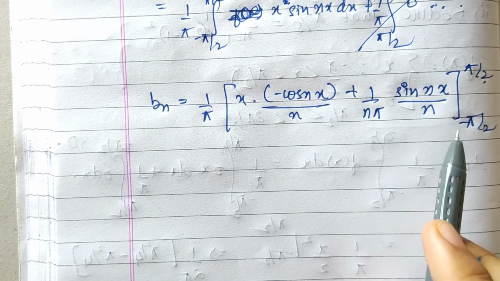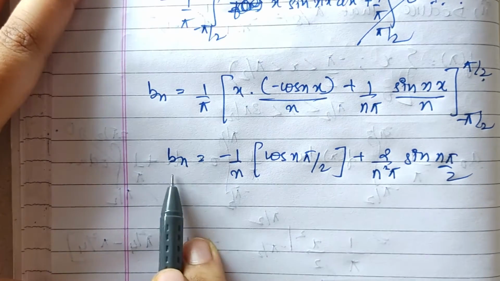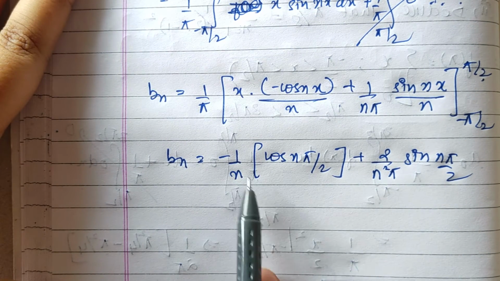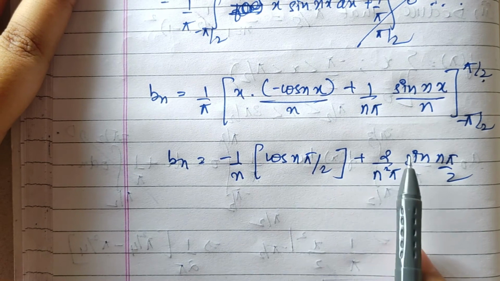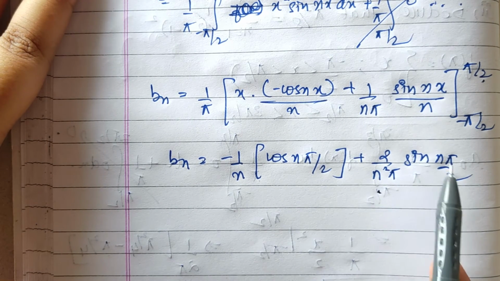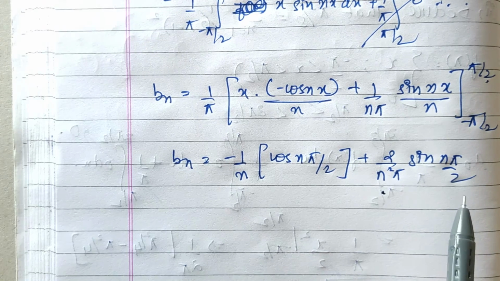On substituting the limits, finally we get bn to be minus 1 by n into cos n pi by 2 plus 2 divided by n square pi sine n pi by 2.